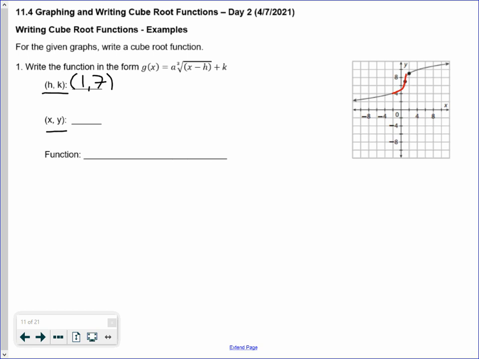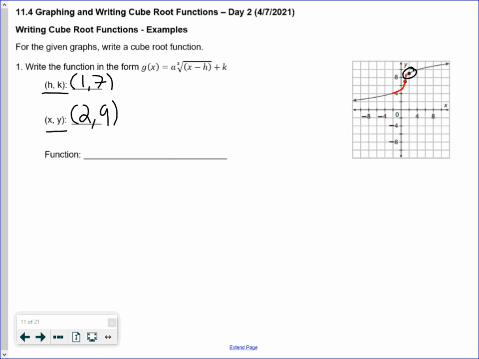When you're choosing your xy point, it doesn't matter what point you choose as long as it's on the graph and it is not your hk point. If you choose your hk point to figure out your a value, you're just going to get 0, everything's going to cancel out, and it's not going to work. So you need to make sure your xy point is any other point on the graph other than hk. In this case, they gave us another point, 2, 9, so that's the point we're going to use.